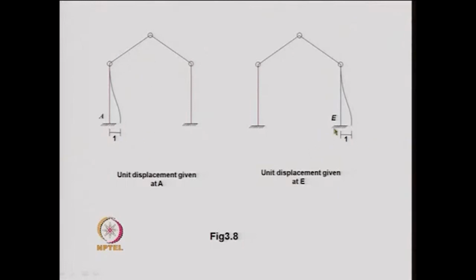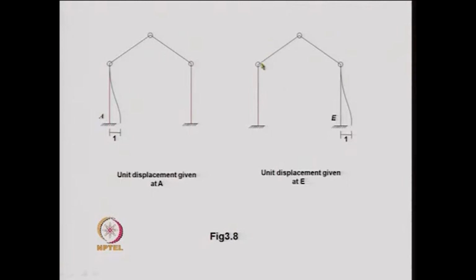Similarly, if we give a unit displacement over here, one can find out the vertical displacement here and the horizontal displacement over here, and they constitute the R matrix. That is what we had shown for this example when we were working out the R matrix for different structures.